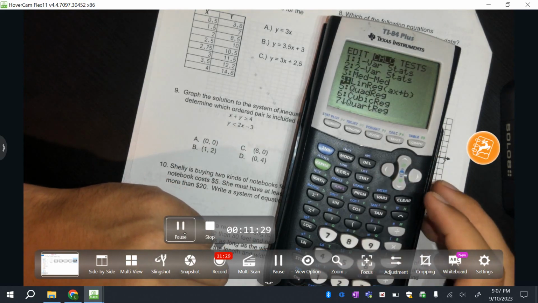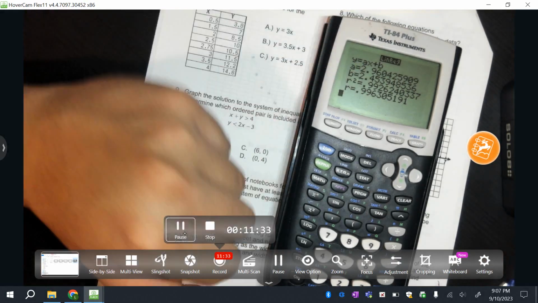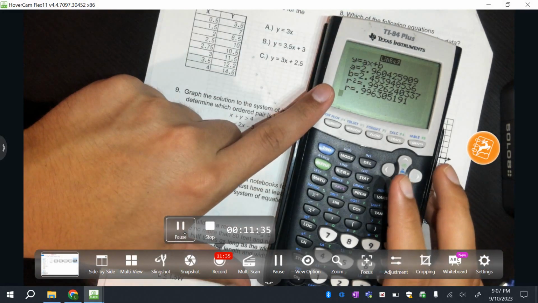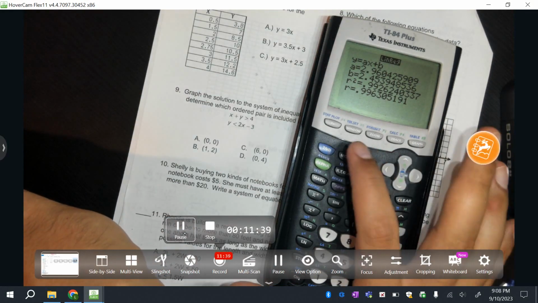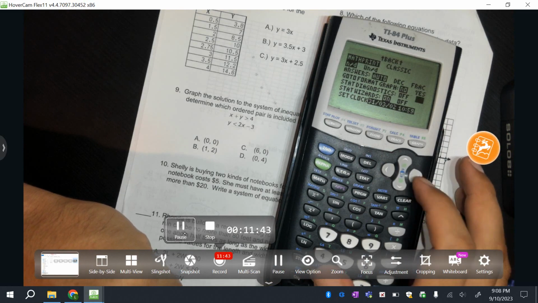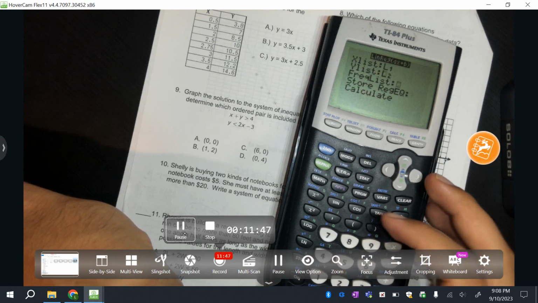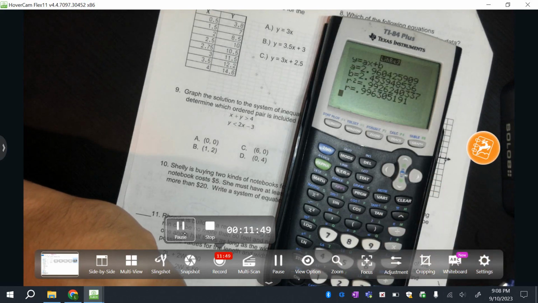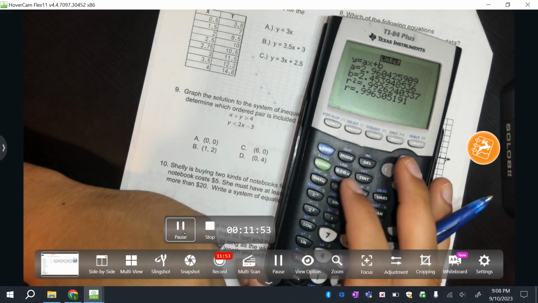We're going to go to option 4 and just press Enter, Enter, and then we get an A and a B. Right now my diagnostic is on, so I get an R value also. If you want to make sure your diagnostic is on, you go to Stat Diagnostic, and make sure it's on. Alright, so let's see.